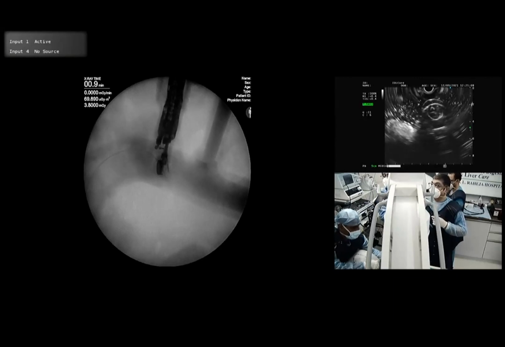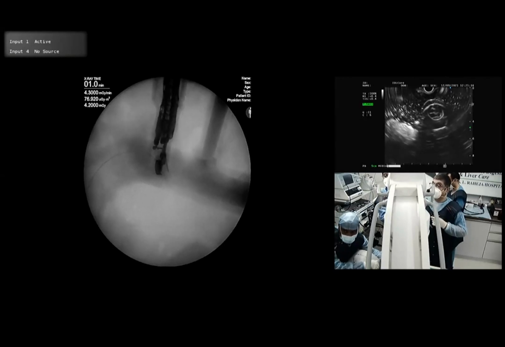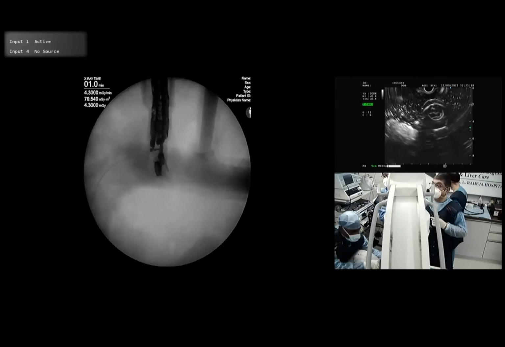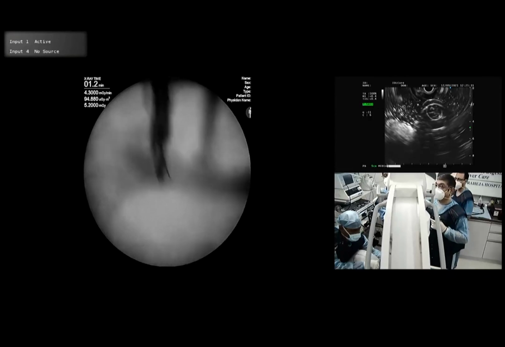If you see that the position is not good, change the position of the scope so that it comes towards the hilum always. Then passage of wire becomes easy. Now Bibin is trying again. You see how much wire is sheared there? A full wire is sheared, complete.